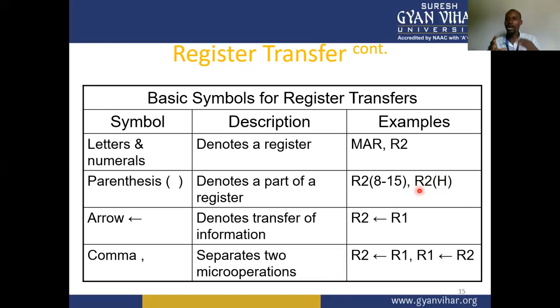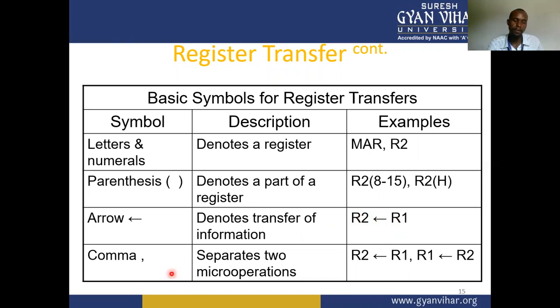That is part of a register. Then we have the arrow, or the replacement operator, which denotes transfer of information. R1 points to where the transfer is going to take place. So transfer of information is moved from R1 to R2. This arrow is pointing to the destination.